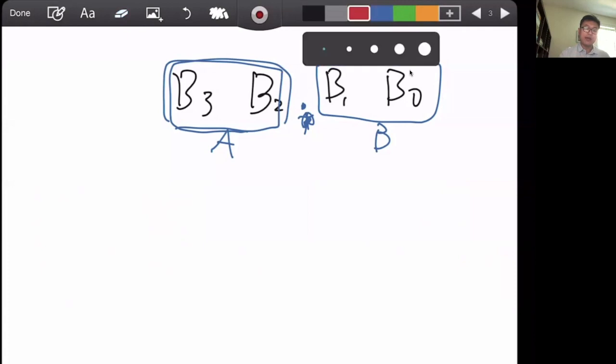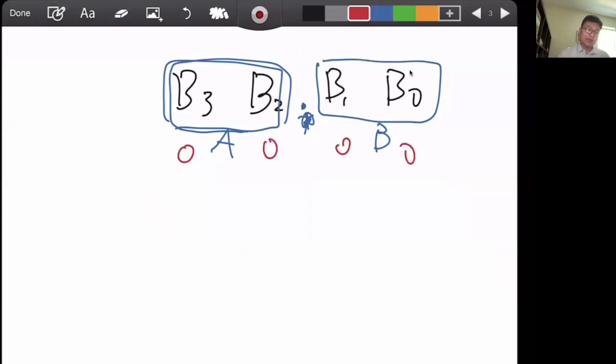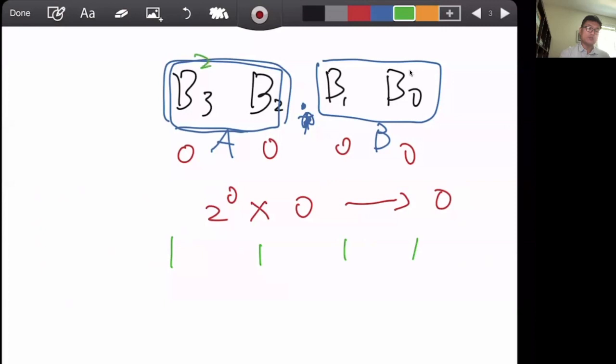So assume we still have 0, 0, 0, 0 at the beginning. Then the number this can represent is 2 power of 0 times 0, right? So it still gives you 0. Okay, so how about if we change the number to 1, 1, 1, 1? In this case, this one is 2 power of 1, 2 power of 0, 2 power of minus 1, 2 power of minus 2.